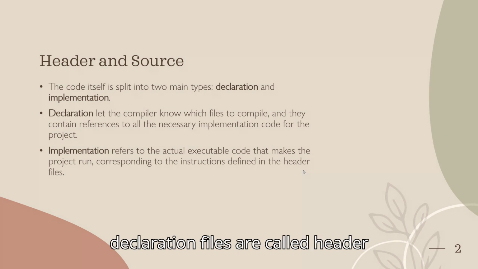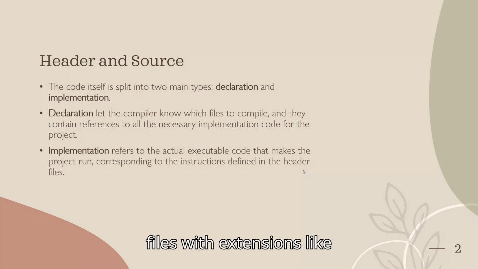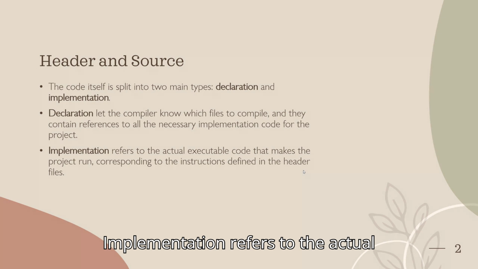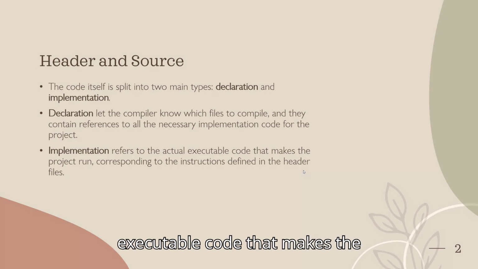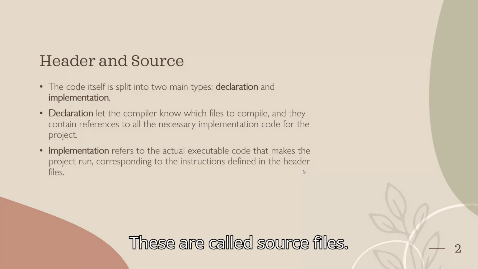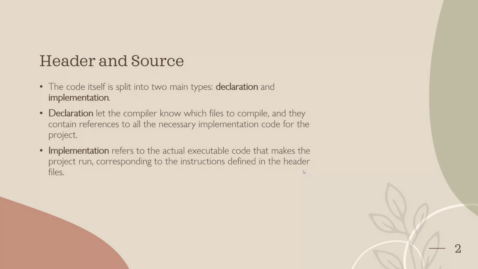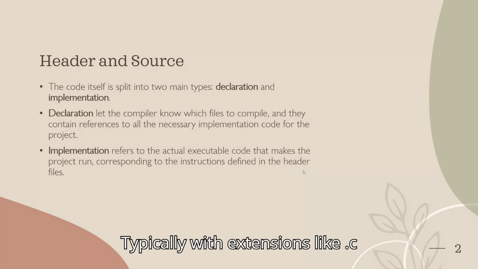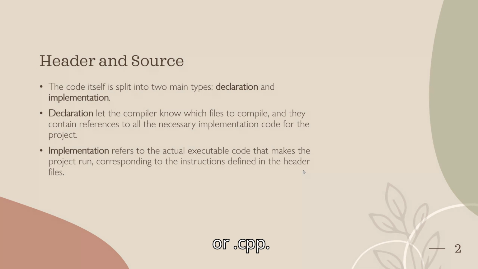These declaration files are called header files, with extensions like .h or .hpp. Okay, implementation refers to the actual executable code that makes the project run, corresponding to the instructions defined in the header files. These are called source files, typically with extensions like .c or .cpp.